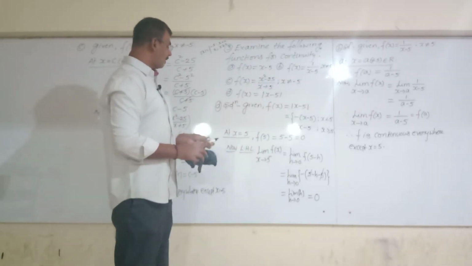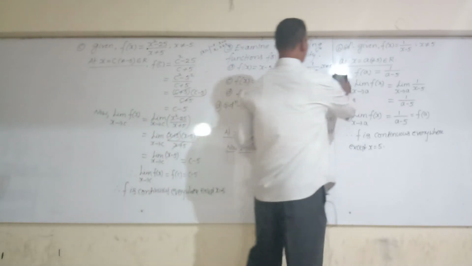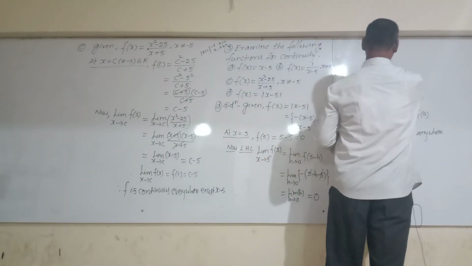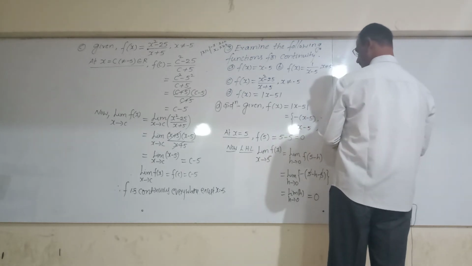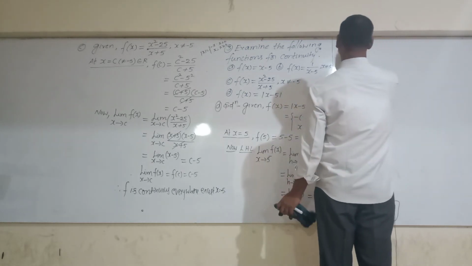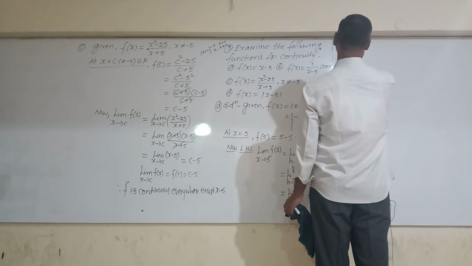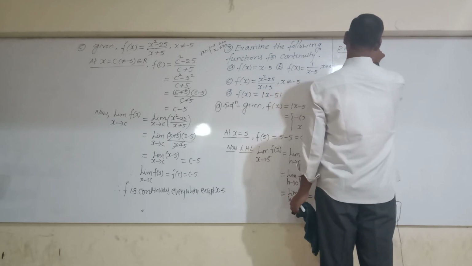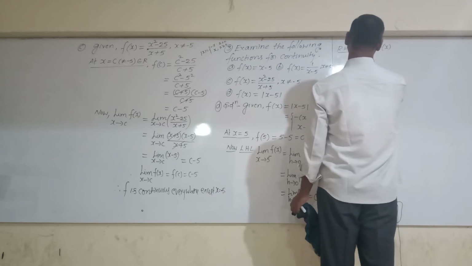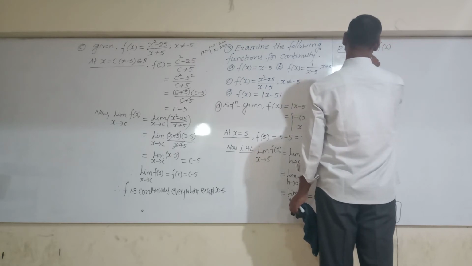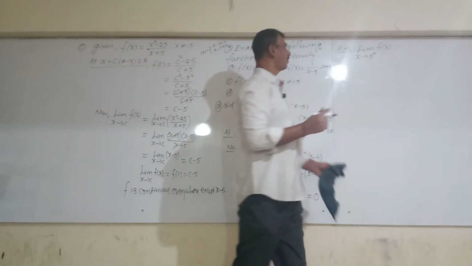Clear? In the same manner, find the right hand limit also. Right hand limit. Let us see the right hand limit value. How do I write this one? Limit of f of x as x approaches 5 plus.